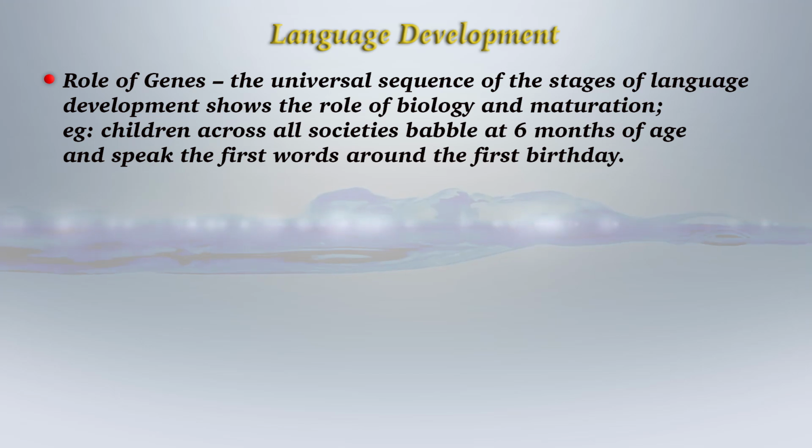Let us see the role of the interaction of heredity and environment in language development. So, where do we see the role of heredity or genes? We see that there is a universal sequence in the stages of language development. All children begin to babble around 6 months of age. Most children speak their first word around the first birthday.